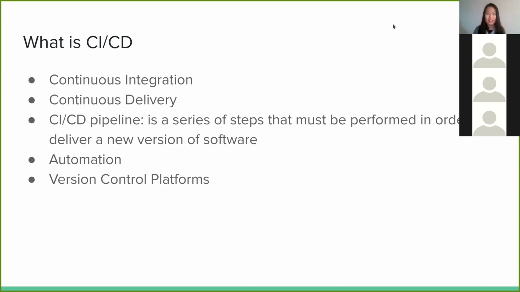Okay, and then the keyword is automation. You just want to write a test script and you want it to be triggered every time you push. You don't want to run your tests manually every time. And the same with delivery. You don't want to copy your code to your server every time. Everything should be automatic.